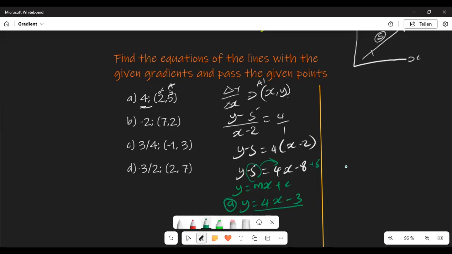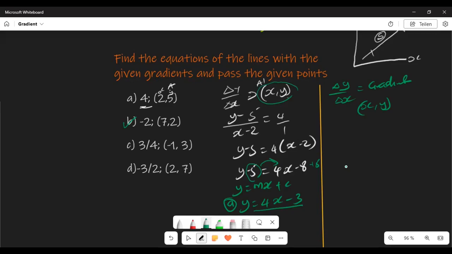Okay, so let's see the equation of the line for B. The equation of the line for B is going to be the same. So we're going to say change in y over change in x, which should then give us the gradient. So we're going to introduce another coordinate, x, y.